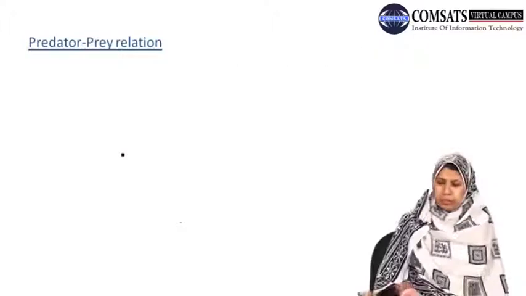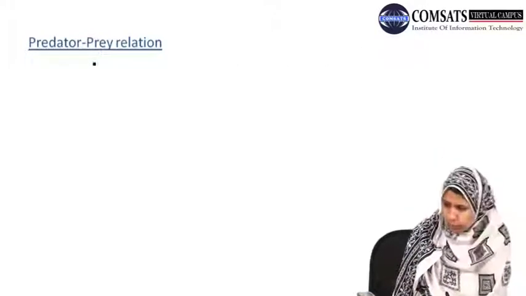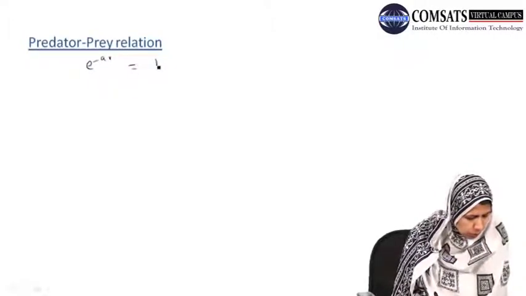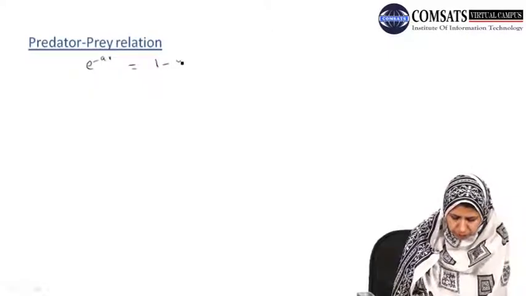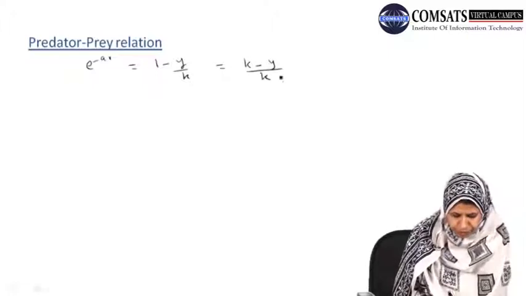Now what would be our next step? To take the natural log on both sides. We have our equation as e to the power minus ax is equal to 1 minus y over k, which is capital K minus y over k.